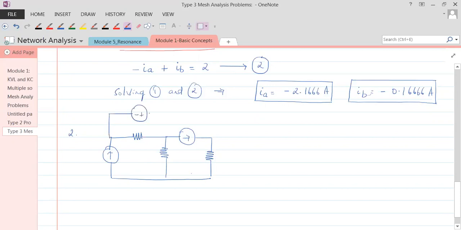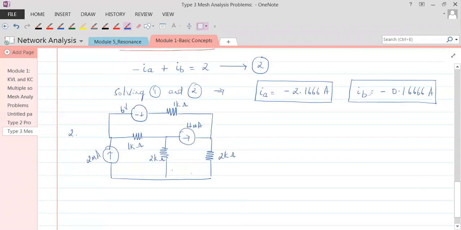Voltage source here, again a resistor. Copy it down fast, everybody. Fine, let me write the values. 4 milliamps and 6 volts, 1 kilo ohm, 1 kilo ohm, 2 kilo ohm, and this is 2 kilo ohms. Yeah, this is the circuit.